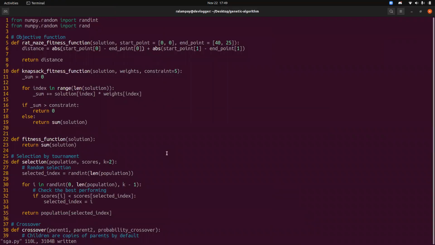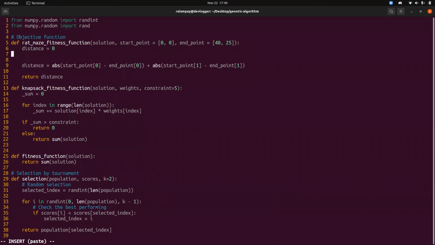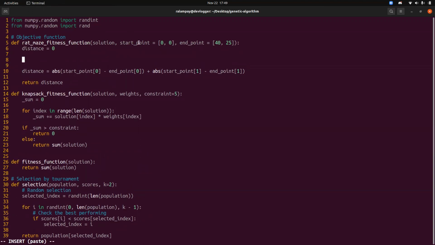So how do we implement that? Let's start with distance equal to 0. No need to include the start point, because we know that, well, we could include the start point. So the first distance metric will be the Euclidean distance between the start point and the first element of the solution.